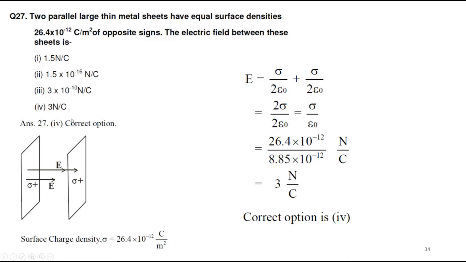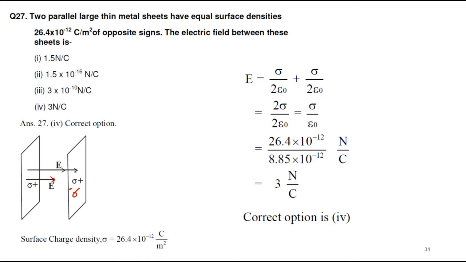So how do you get that this is the correct option? Use the formula. There are two sheets, so let's say this one has positive surface density and this one has negative surface density of charge. The electric field in between due to this sheet will be this way.